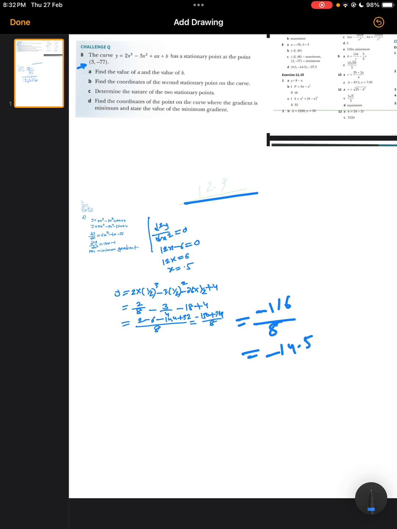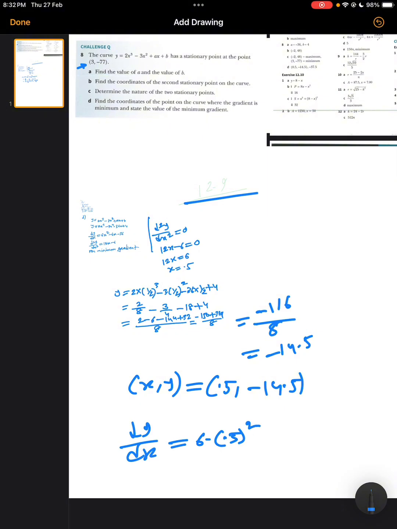So we get the coordinate (x, y) where the gradient is minimum: (0.5, -14.5). Okay, we have to calculate the gradient as well. So 6 times 0.5 squared minus 6 times 0.5 minus 36.